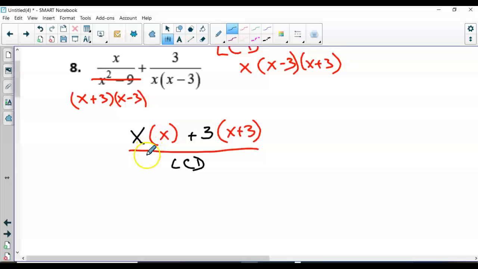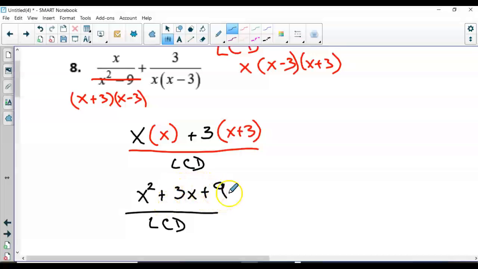So if we multiply, we have x squared plus 3x plus 9, all over top of the LCD. Well, let's see, can we factor this? Two numbers that multiply to make 9 but add to 3, we can't factor that.